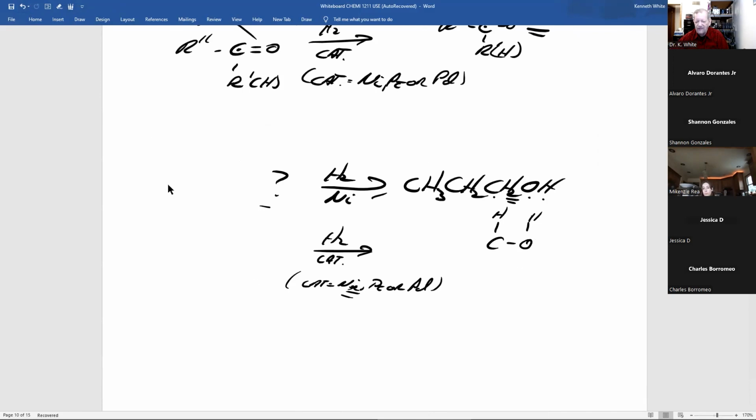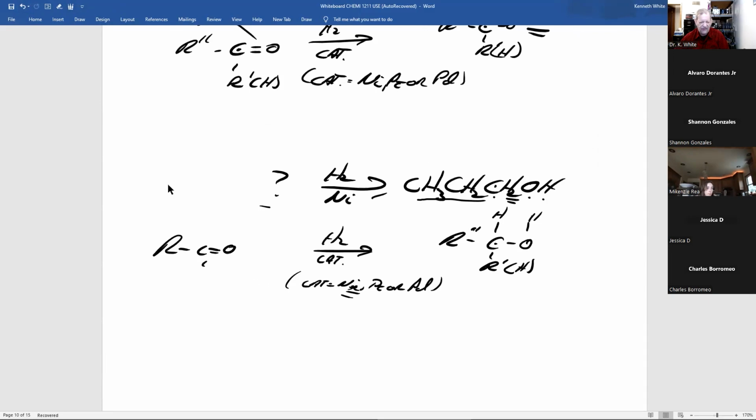Notice there are two hydrogens, so I can write R prime hydrogen, and then these carbons on this carbon are double prime.